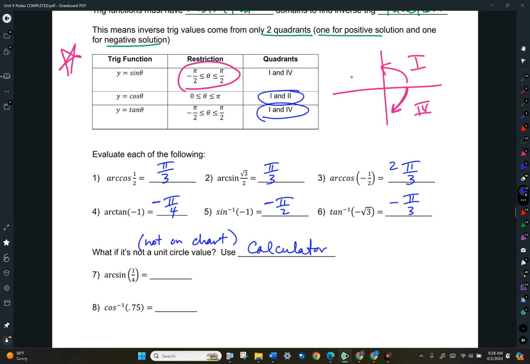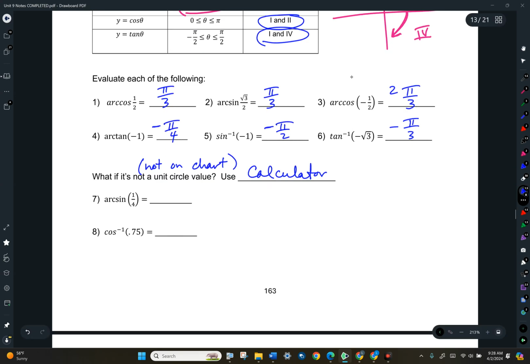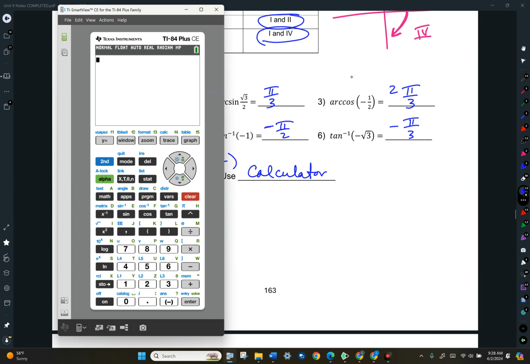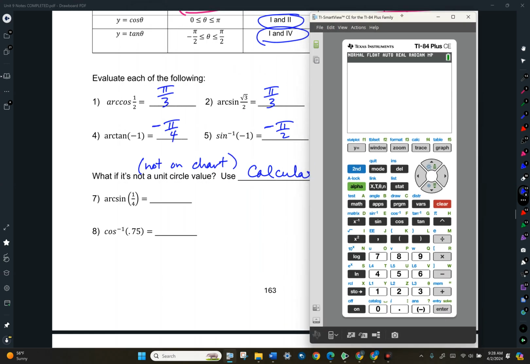And we actually did this when we were solving the triangles way back in the first unit, I believe it was, or unit 6. So if it's the arc sine of 1/4, well, that's not on my unit circle. So how do I do that? Since I'm trying to find an angle, remember the answer is an angle, and so inverse is when you press your second.